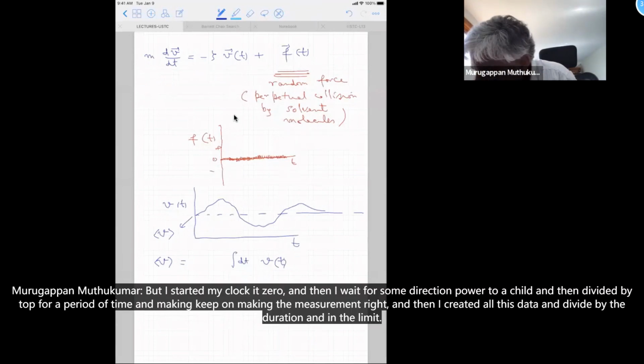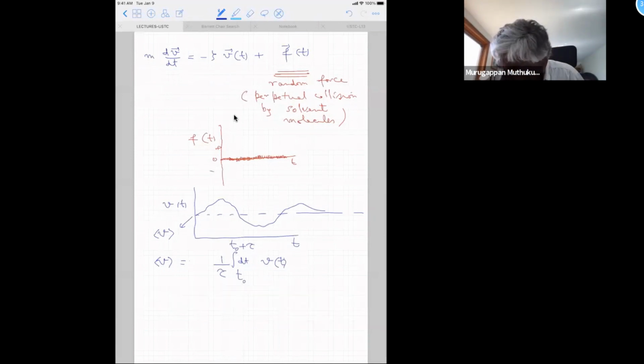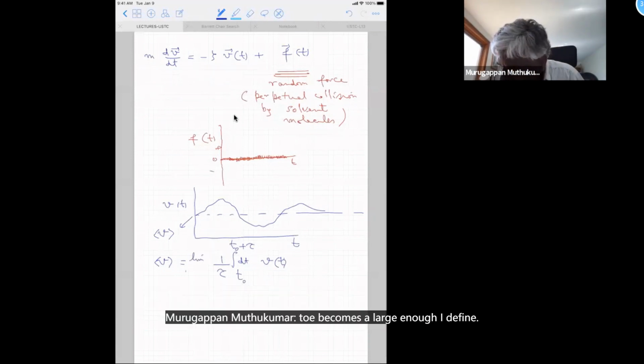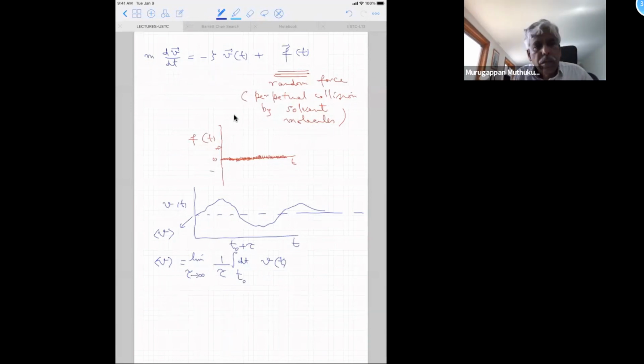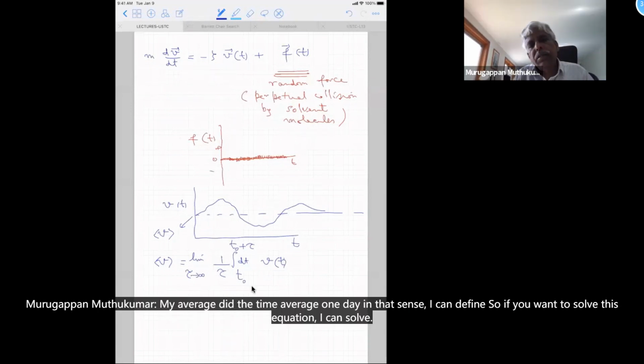I start my clock at t0, and then I wait for some duration tau, and over that period I keep making the measurement. Then I accumulate all this data and divide by the duration. In the limit where tau becomes large enough, I define my average. This is the time average. Only in that sense can I define it.